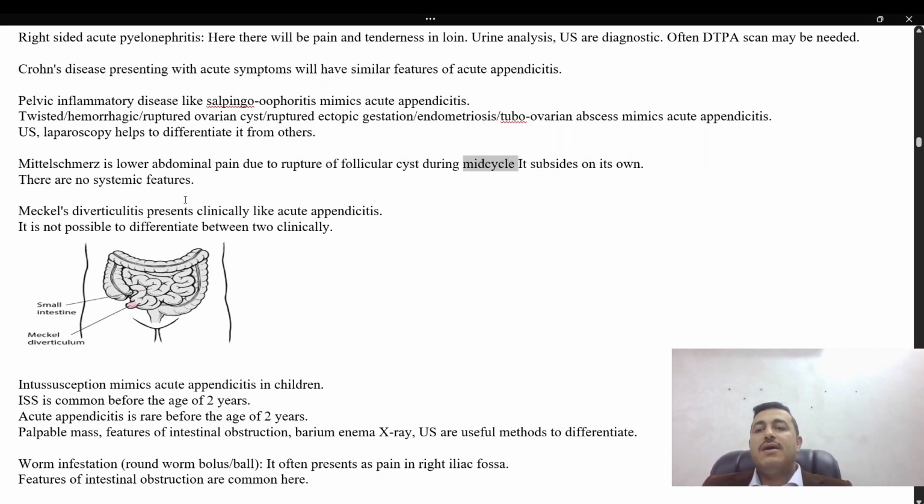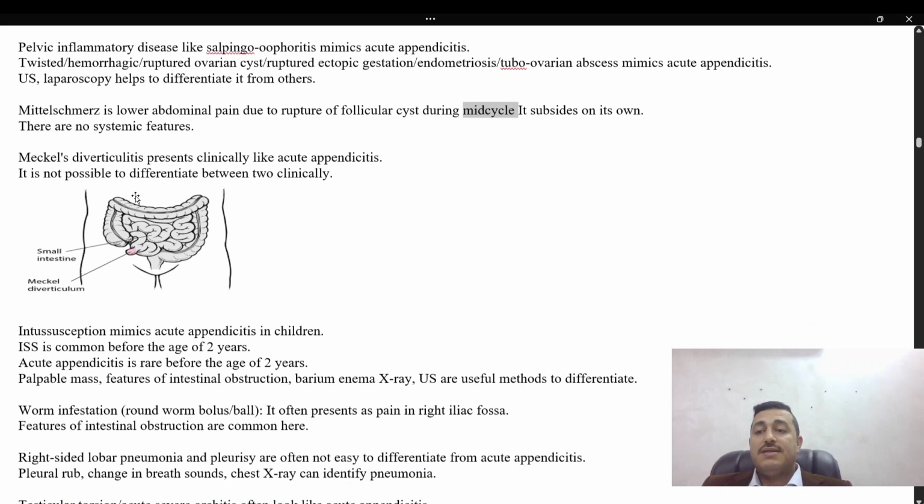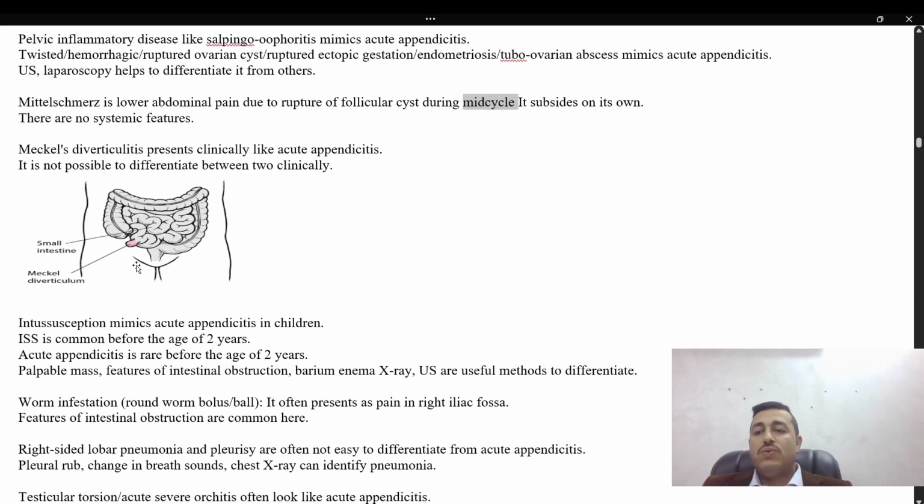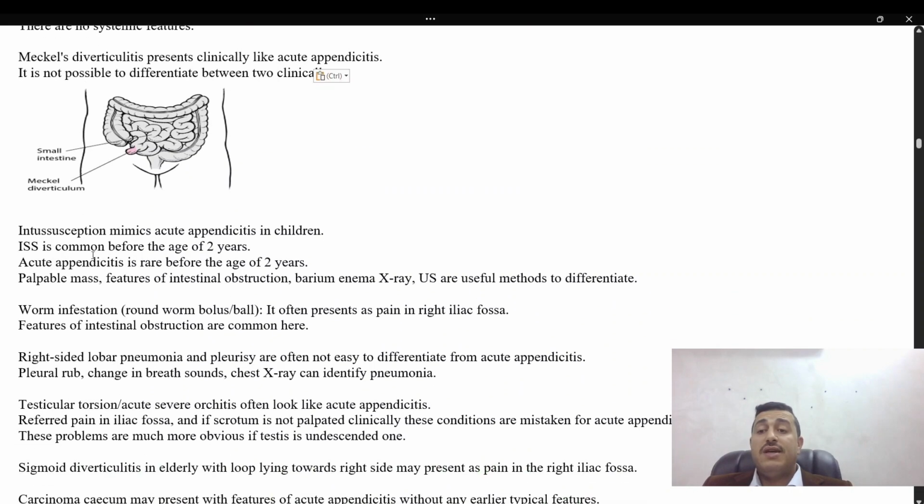This will mimic the picture of appendicitis. Meckel diverticulitis, well, this is Meckel actually. We know the Meckel is 2 feet from the ileocecal junction, and it can be infected and present as diverticulitis. So Meckel is one of the differentials.